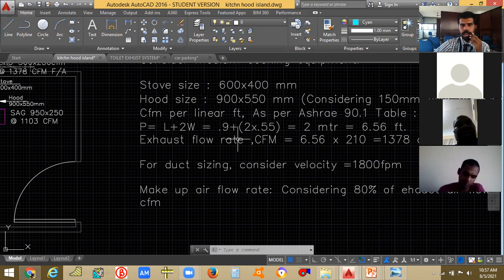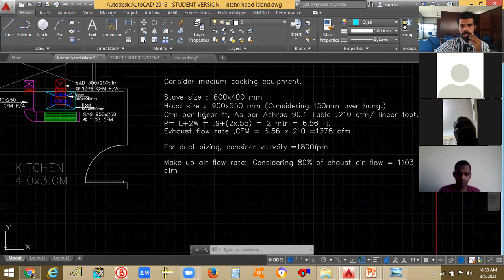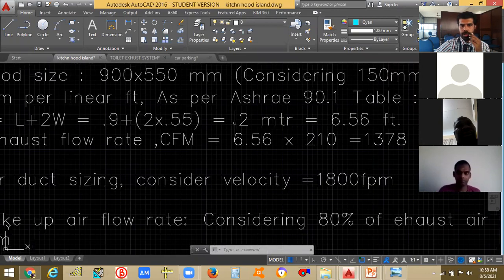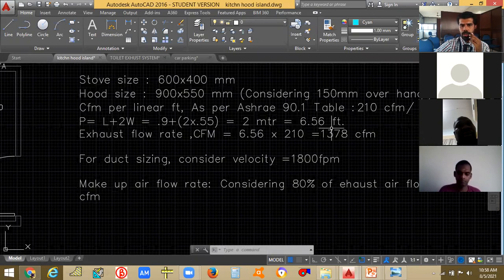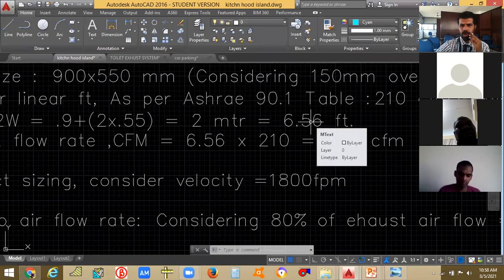L is equal to 0.9. You can see the length of the kitchen hood is equal to 900 mm, which means 0.9 meter, plus 2 into width. Width is 0.55. You got 2 meter, which you convert to feet. I got 6.56 feet. You don't want to copy all these things.